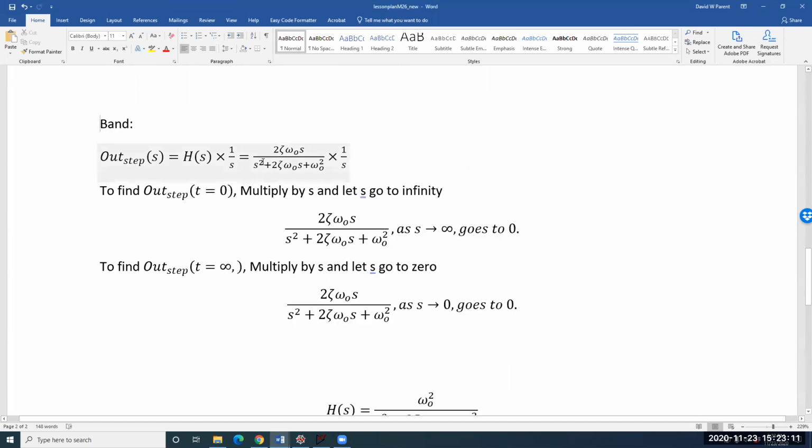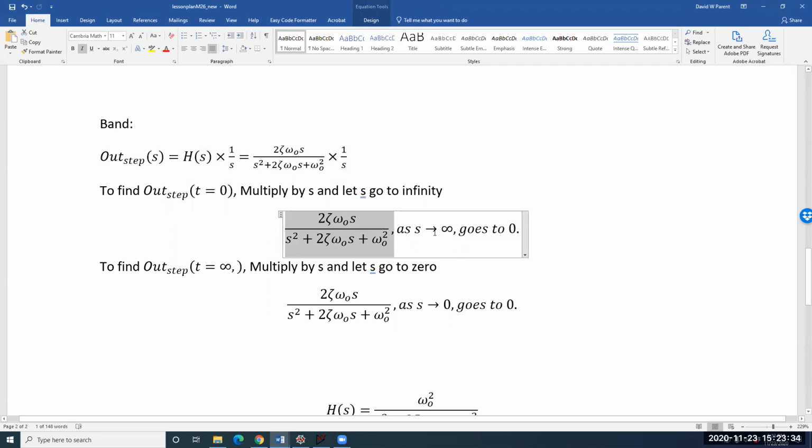So when we're talking about the step response, right? Again, you multiply the transfer function by the step, but then you multiply by s, and then let s go to infinity or 0. So really, in cases of the step response, we're just looking at the transfer function.